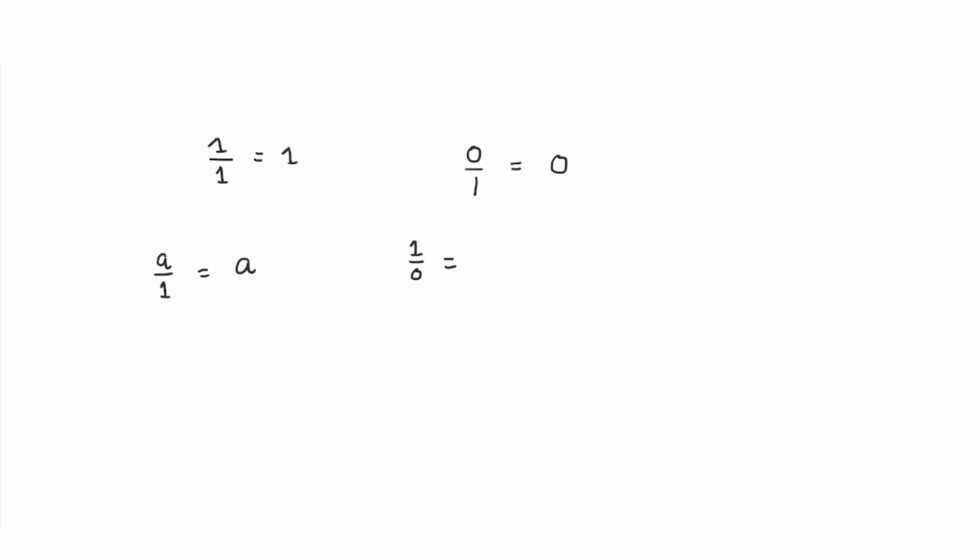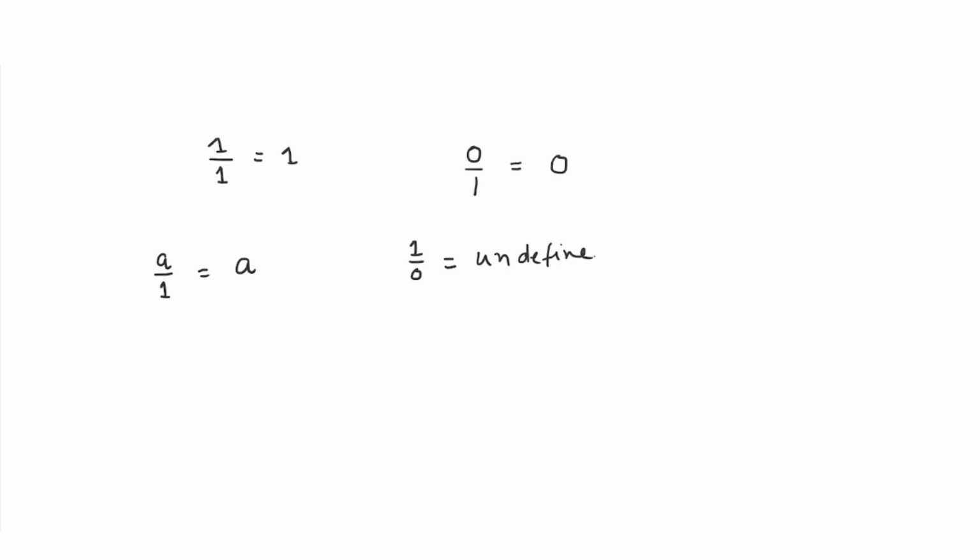Is it undefined? Okay, why it is undefined, that we are going to see here. For a number to be defined in some manner, we need to find out whether it has some physical sense.